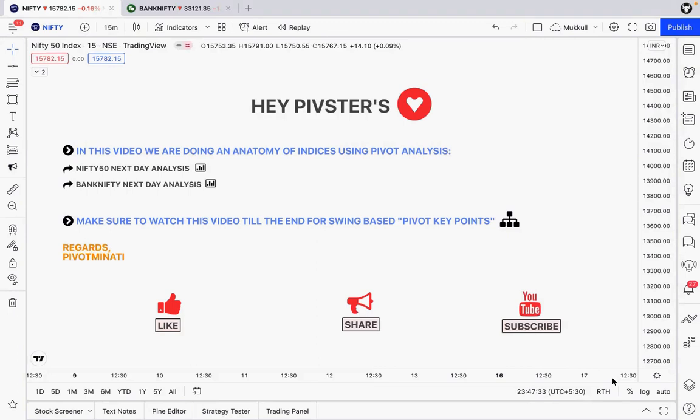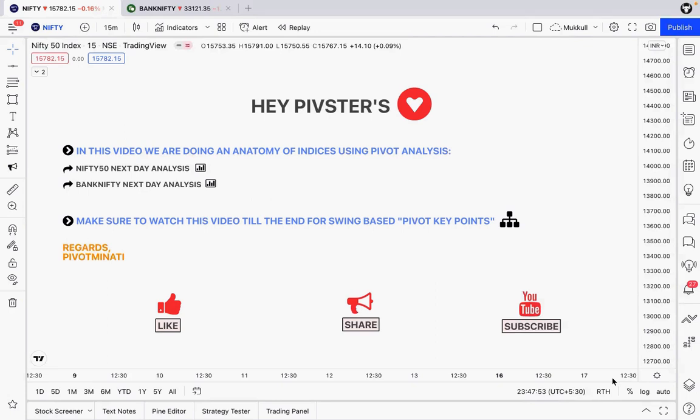Further on, we will move on to see what are the key pivot points which can help you in intraday as well as in your swing trading. So, here you have an opportunity to see how you can use pivots to your optimum use.